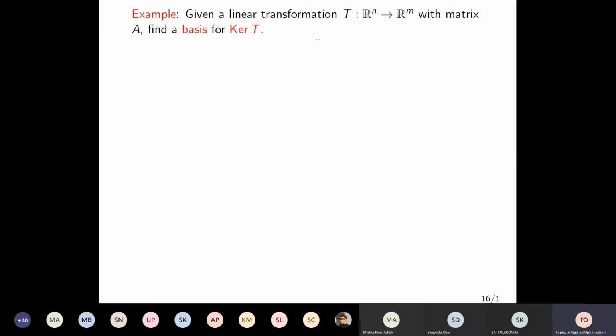So given a linear transform from Rn to Rm with matrix A, find a basis for the kernel of T. Now, the basis for the kernel of T, as I said, is the same thing as the null space of A. What you are really asking for is the basis for the null space of A. So this question of linear transformation always boils down to the matrix, if you can find the matrix of the transform, and you can do everything like in the matrices that you did.